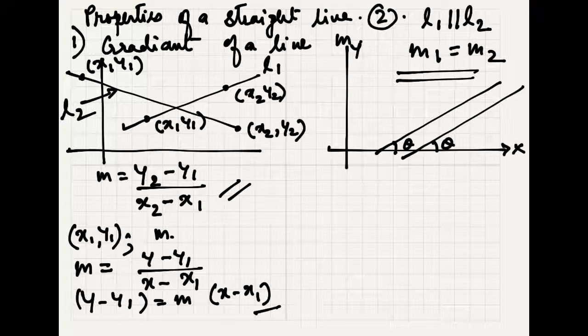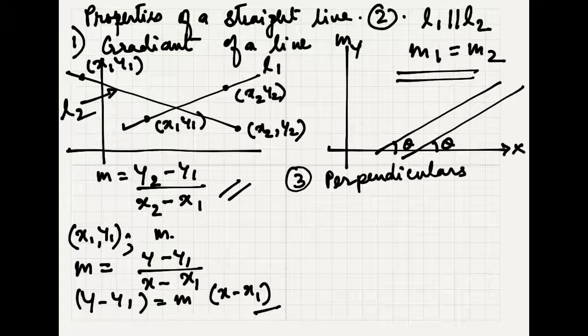And what is the third property? It is about perpendiculars. A line bisects another line, meaning they intersect at a 90-degree angle, like my axes themselves.